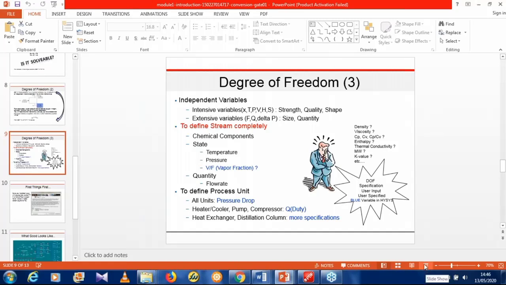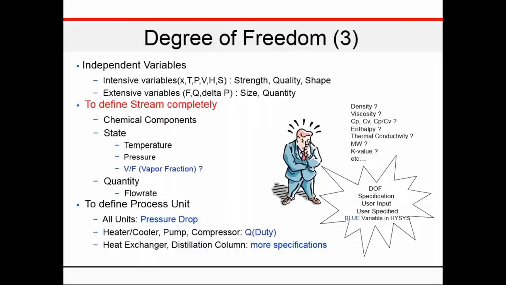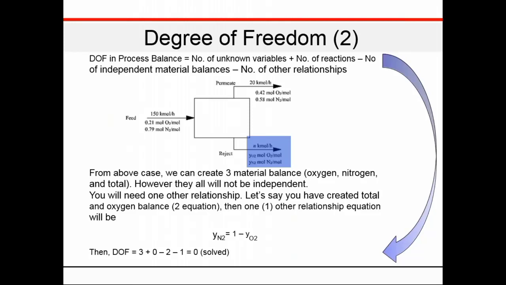So we'll continue from this area of degree of freedom that we were talking about in the previous class. We explained this process of degree of freedom, like in this equation, where the degree of freedom in process balance is equal to the number of unknown variables plus the number of reactions minus the number of independent material balances and number of relations.